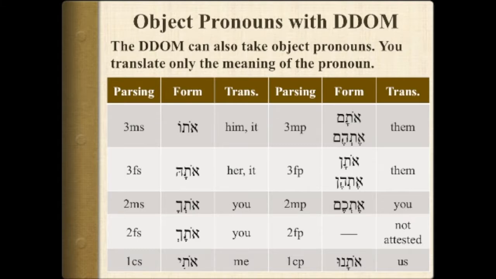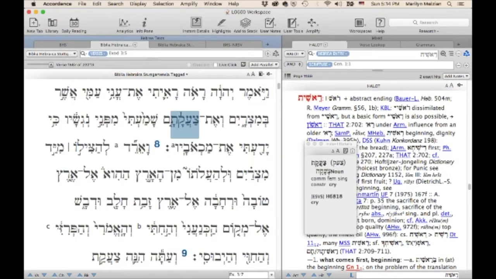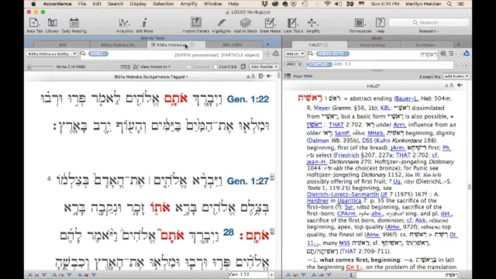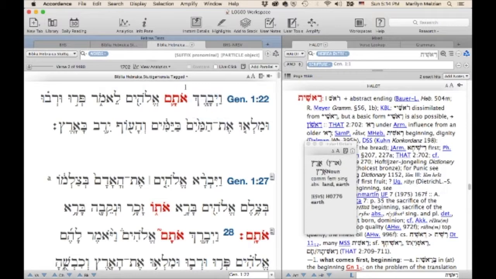Let's take a look at what that might look like in Accordance. So we have here in Genesis 1:22, and God blessed them.